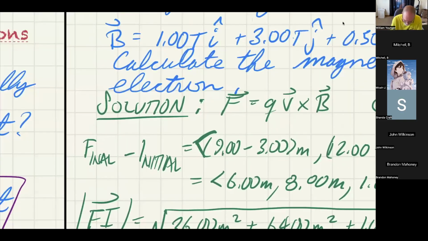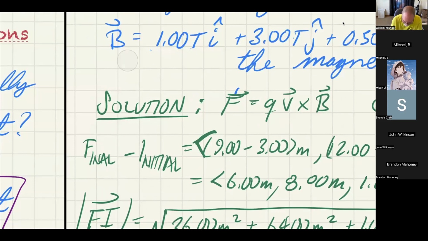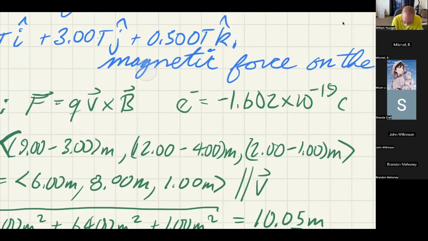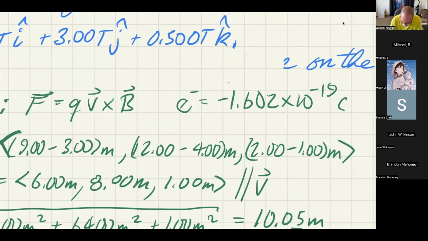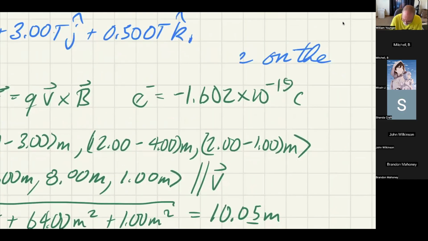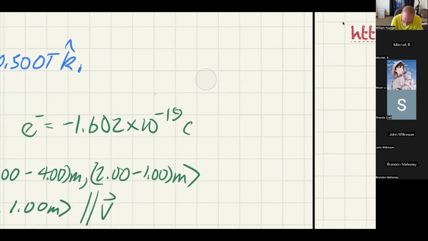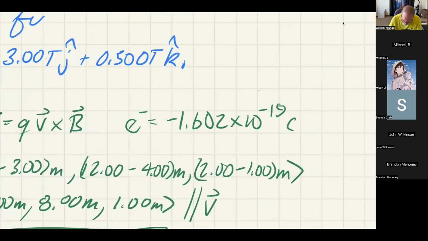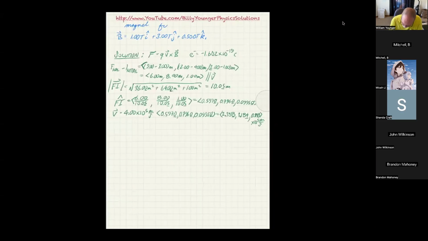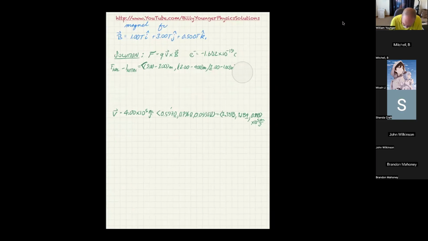So let's start off by erasing this, because clearly we didn't need it. Didn't need that either. Didn't need that either. In fact, all we really needed was that vector for the magnetic field, and then the vector for the velocity. So I'm going to go ahead and erase all of this, because we've got all that on the previous page. And now I'm going to move all this.